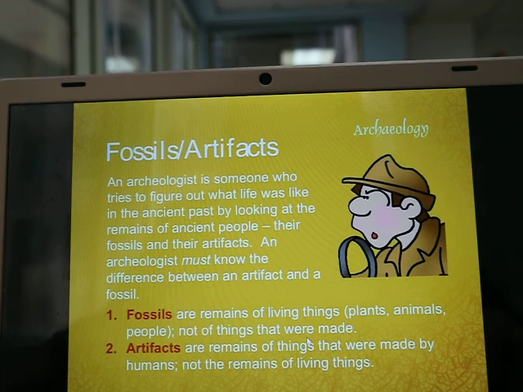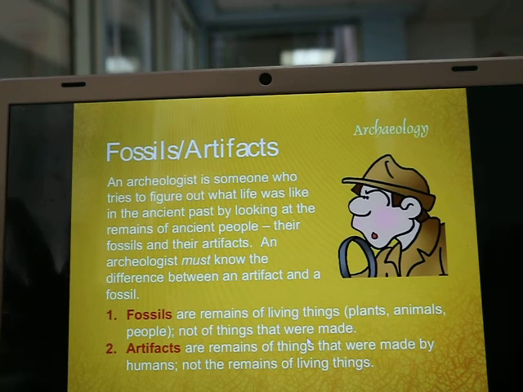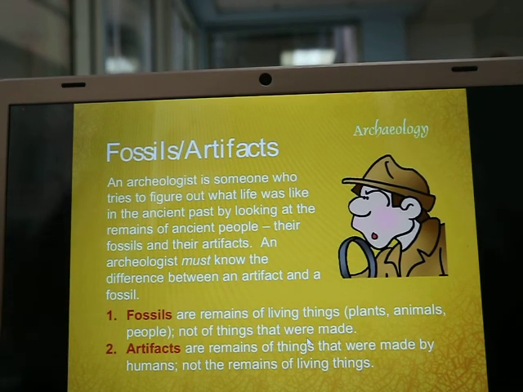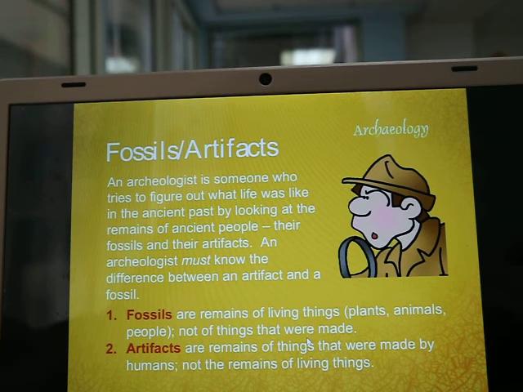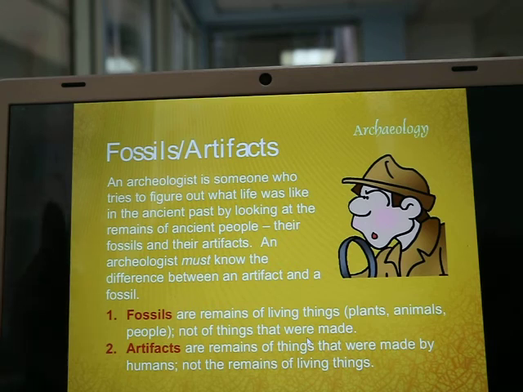By looking at the remains of the ancient people, their fossils and their artifacts, an archaeologist must know the difference between an artifact and a fossil. Do you remember what is a fossil and an artifact? Okay, fossils are remains of living things, and artifacts are the remains that were made by humans, okay?